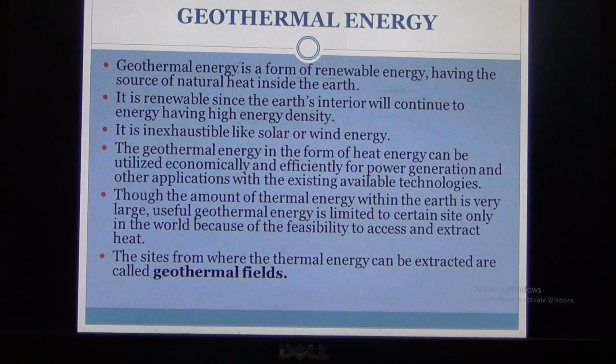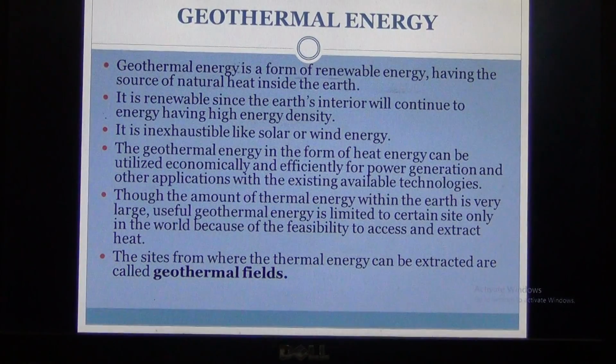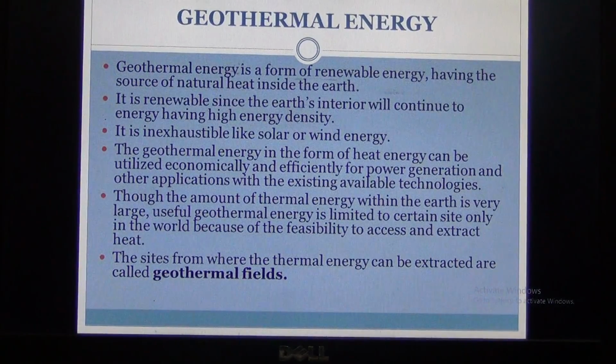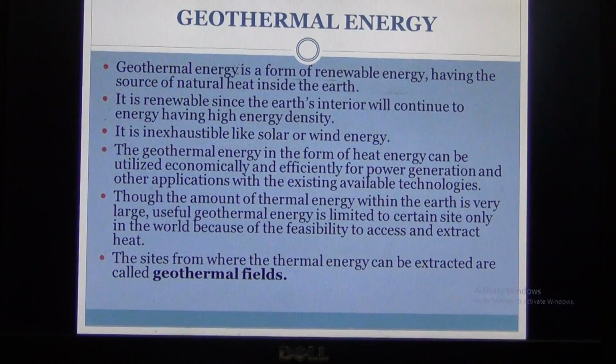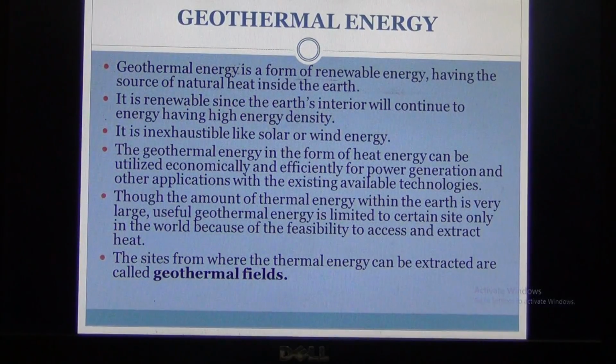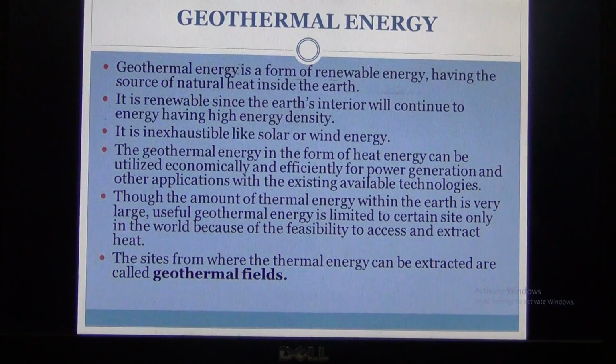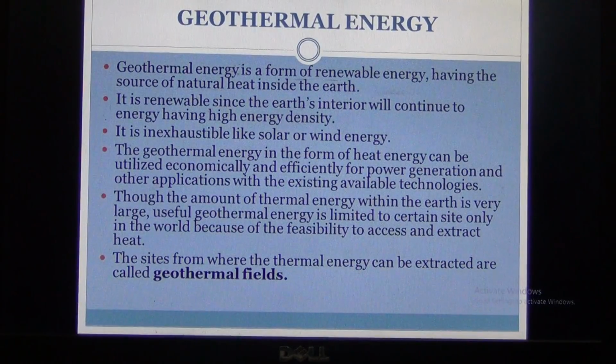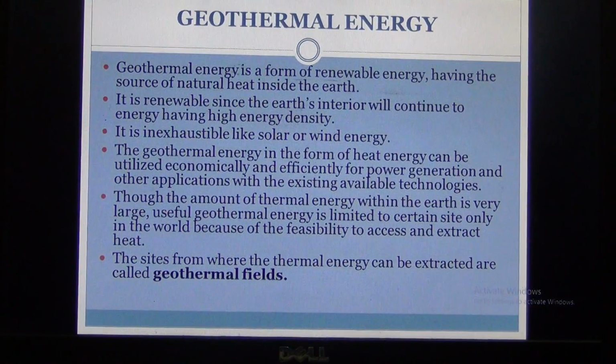The heat in the earth is very large, but we cannot collect the whole heat from the earth, and we have very fixed locations where we can access this heat, and that can be utilized up to a certain level.